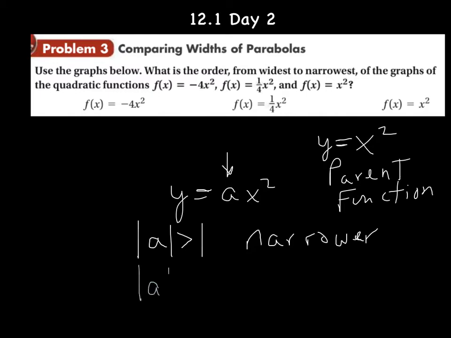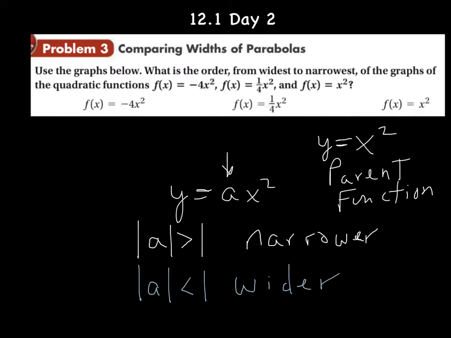Whereas if the absolute value of a is less than 1, some sort of a fraction between 0 and 1, then that caused those function values to increase at a slower rate, and therefore our parent function, our graph, got a little bit wider. Okay?